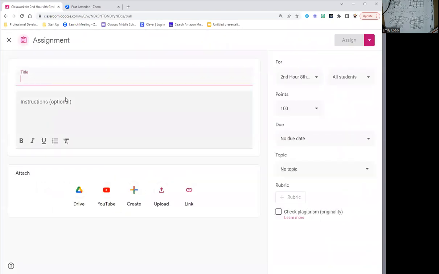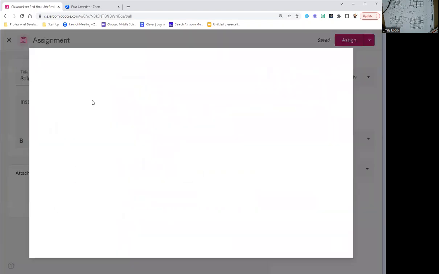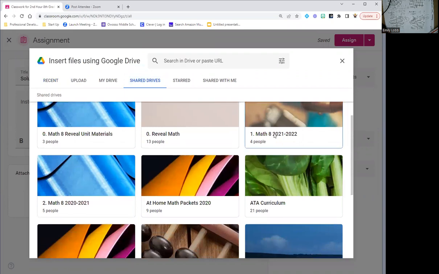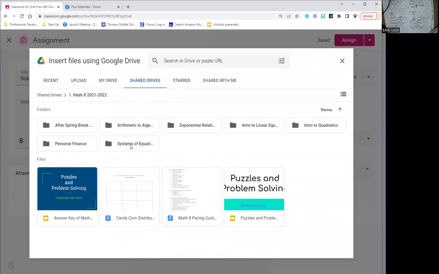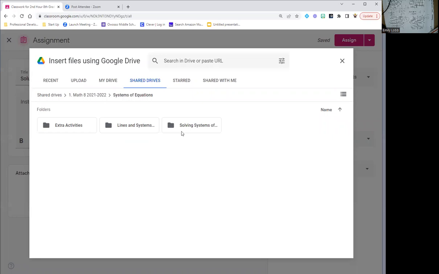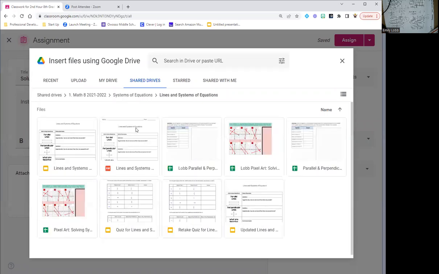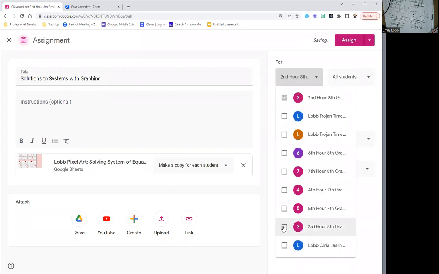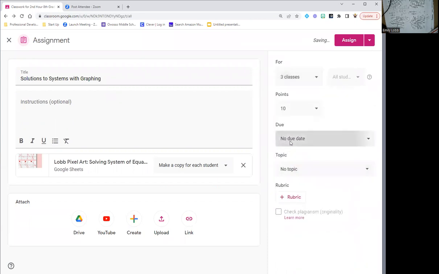The art of pixels. All right, there it is.